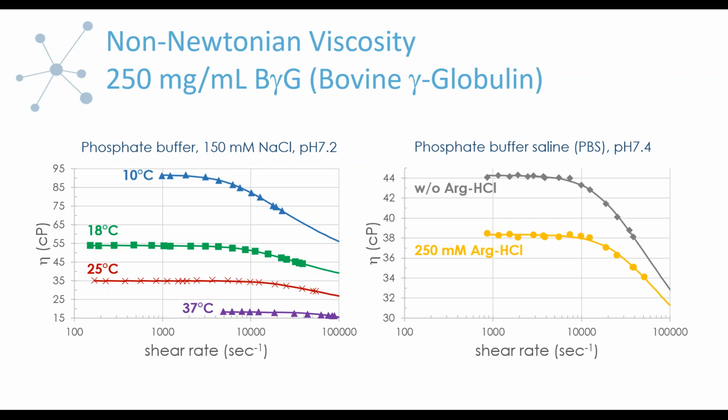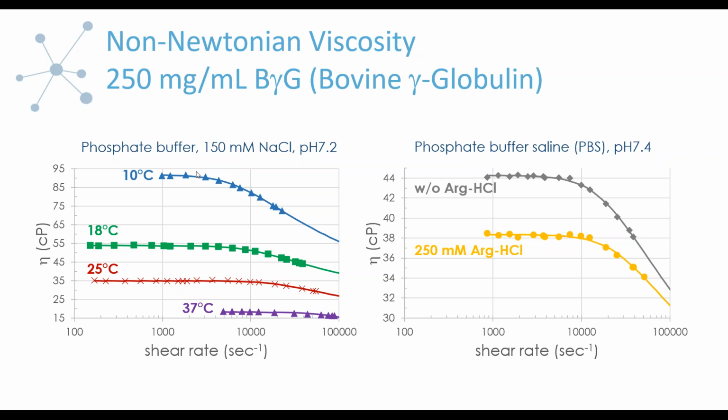So here's some recently acquired data that we have, and you can see this is non-Newtonian data. We're looking at steady shear viscosity as a function of shear rate in both plots. And all of these samples are concentrated model protein bovine gamma globulin at 250 mg per mL. The left plot is in one of our homemade phosphate buffers with a modest amount of sodium chloride.